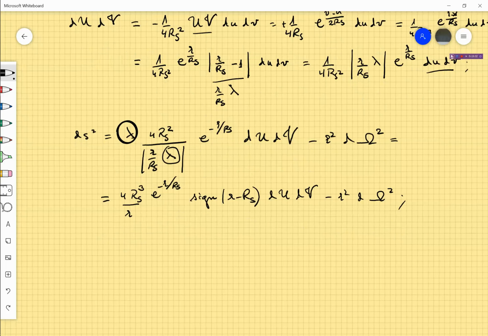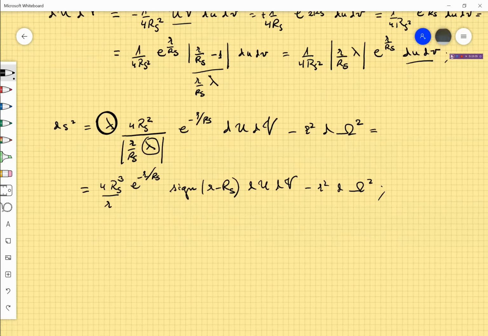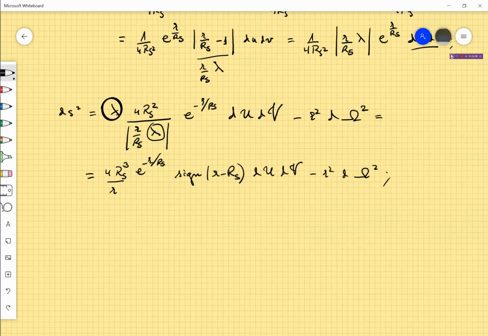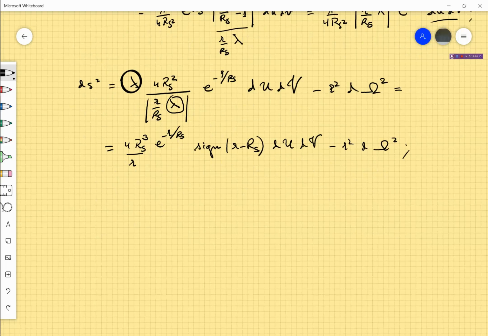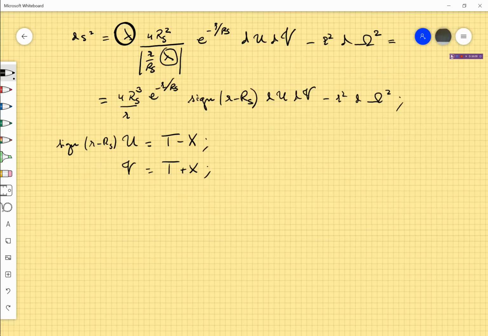The metric is now regular there, and often this metric is left as it is, but a final step that one can do is the following. We define some new coordinates, capital T and capital X, and we define them in this way. So we find the sign of r minus rs times U is T minus X, and V is T plus X. Okay, these are null coordinates, T is a time-like coordinate and X is a space-like coordinate.